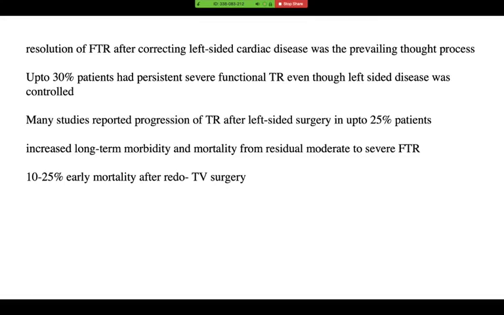But up to 30% of these patients had persistent severe functional TR, even though the left-sided disease was controlled. Many studies reported that progression of TR after left-sided surgery was up to 20% of the patients, which is leading to increased long-term morbidity for the residual moderate or severe functional TR. This is also leading to an increase in mortality, such as 25% mortality after redo TV repair.